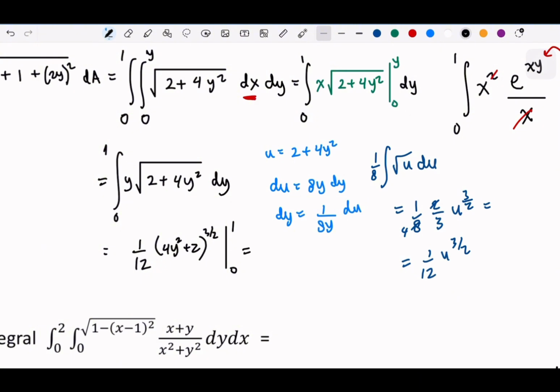And then take this 1. So 1 over 12 times 6 to the 3 over 2, and then minus 1 over 12 times 2 to the 3 over 2, and this will be square root 6, 1 over 2 square root of 6 minus 2, right?